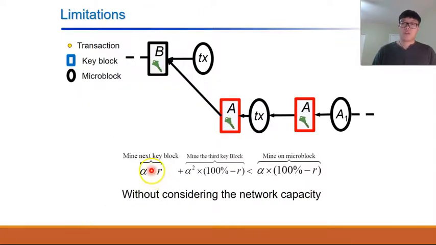Here, I provide a very special case. I assume each key block owner can only produce 1 macro block, and each macro block can only include 1 transaction. Through this special case, we can see the limitation of the previous analysis. If the adversary re-includes the transaction in its own macro block, this transaction will take up all the space.